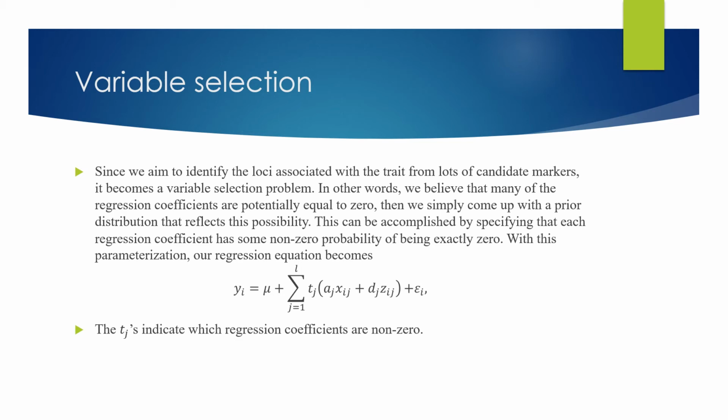This can be accomplished by specifying that each regression coefficient has some non-zero probability of being exactly 0. With this parameterization, our regression equation can be expressed as follows. So we just add a new parameter tj in the equation. The tj's indicate which regression coefficients are non-zero.